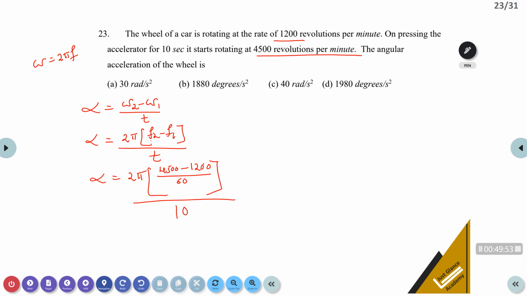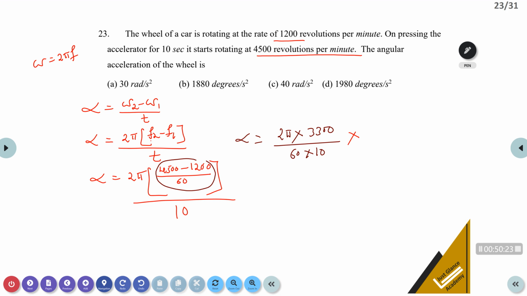Do you know why I divide by 60? I converted per minute to per second. Finally alpha equals 2 pi into 4500 minus 1200, which is 3300, divided by 60 into 10.